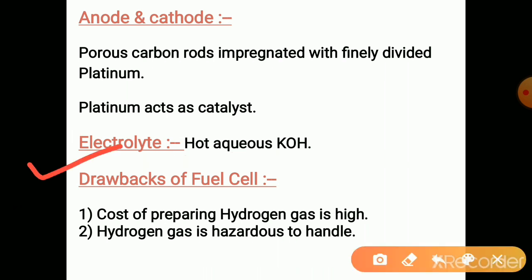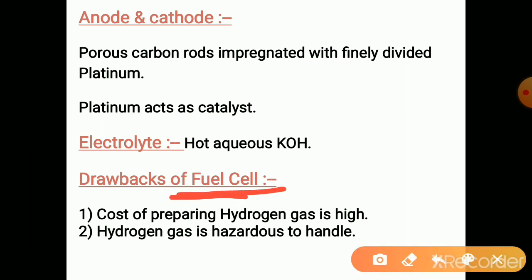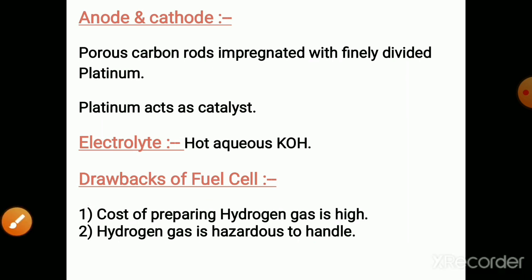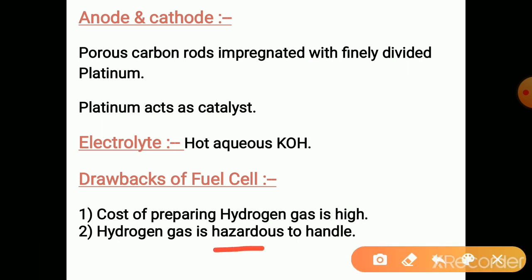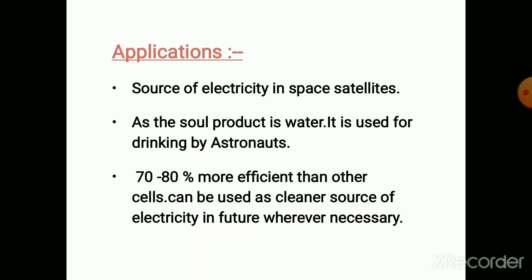Drawbacks of the fuel cell: the cost of preparing hydrogen gas is very high, so using this cell is very costly. Then hydrogen gas is hazardous to handle because it may catch fire and burn. So handling it is a bit hazardous. It should be handled carefully.